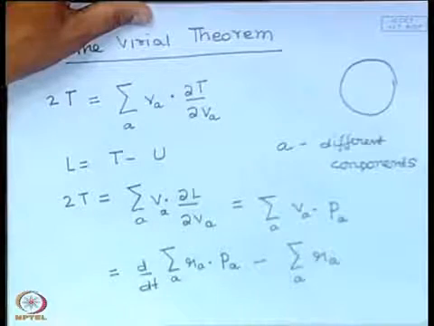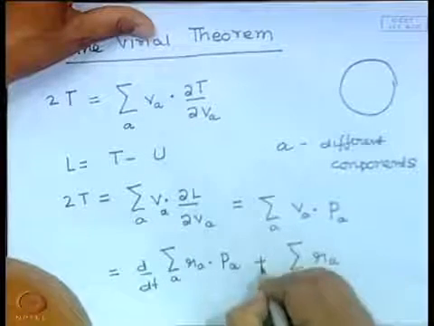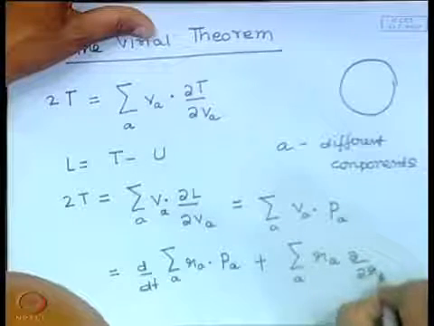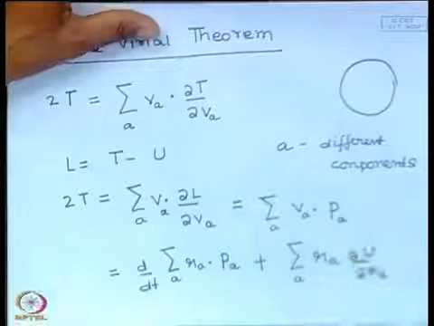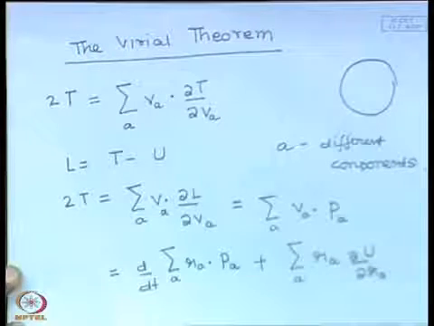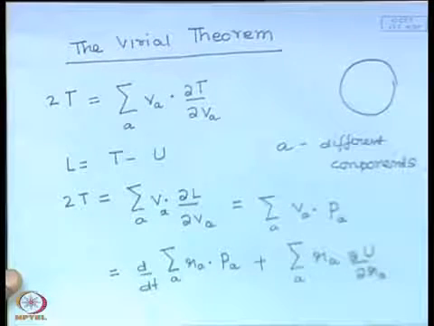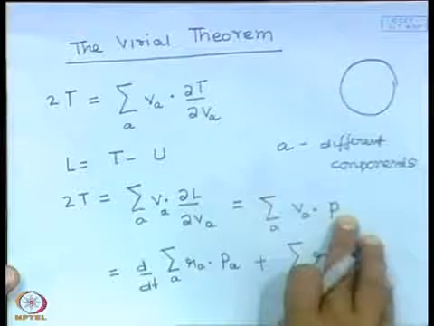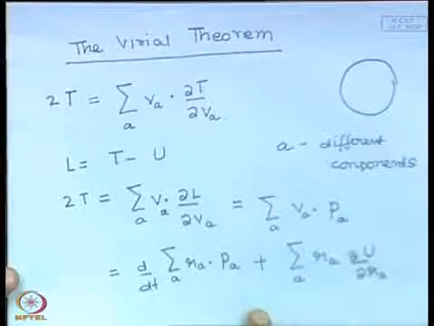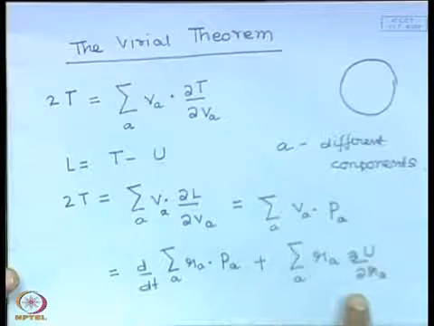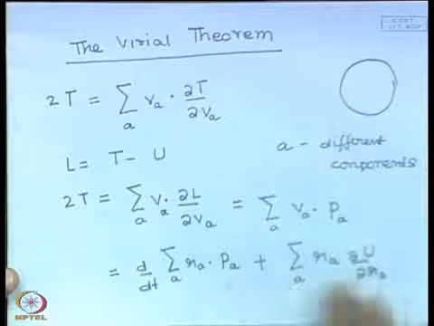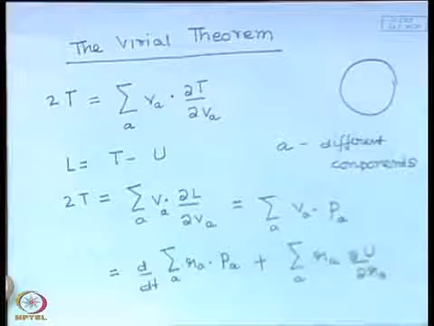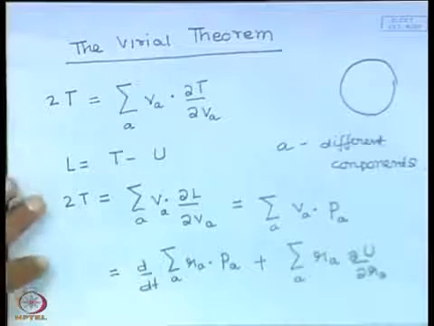So, this term can essentially be written as plus r_A dot del by del r_A of u. That is just the force. p dot is the rate of change of momentum, which is the force. The force can be written as the minus of a gradient of the potential, so there are two minus signs which give you a plus sign over here. So, this is the result.